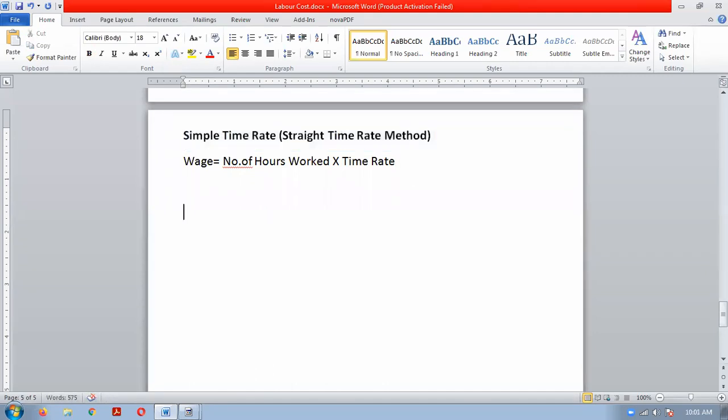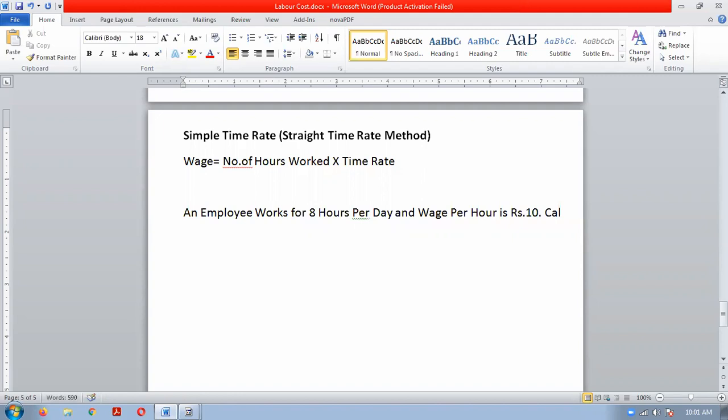So an illustration we can see. An employee works for 8 hours per day, and wage per hour is ₹10.